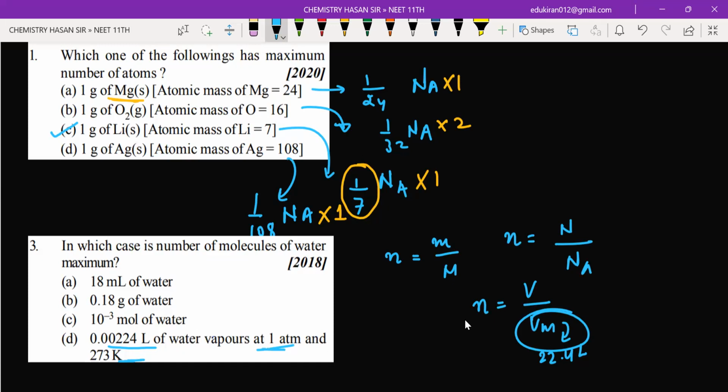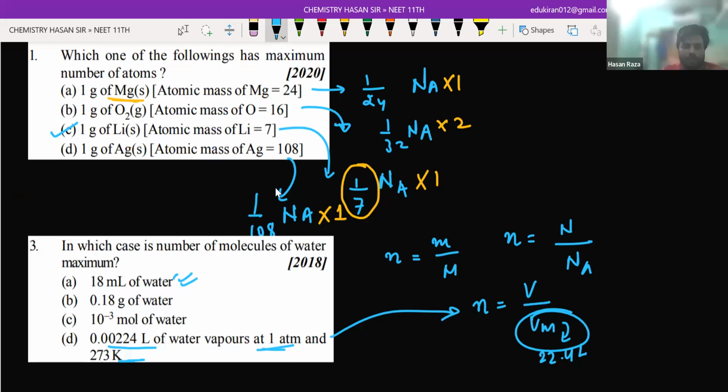So you can use this formula directly here, but you cannot use the formula directly in this one, as nothing has been said about the condition. So you are going to change this volume into mass. How? You know that density is equal to mass upon volume, so mass will be equal to density into volume.